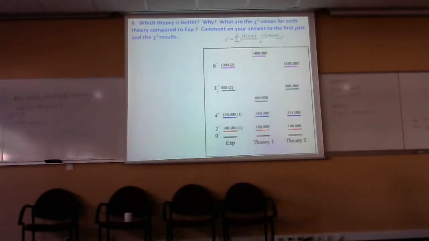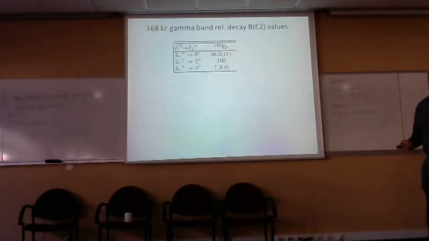Okay, now I asked you which theory is better. When we have a ratio and we normalize something, how do we calculate the error? Okay, good question. So there are two different ways. If you look at the intensity of this in the nuclear data sheets, it has an uncertainty of 2%. Yeah, it also has a certain uncertainty. So you could put 2% there, 2 on the last digit, and put the uncertainties for each of these.